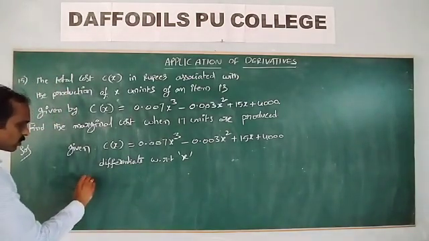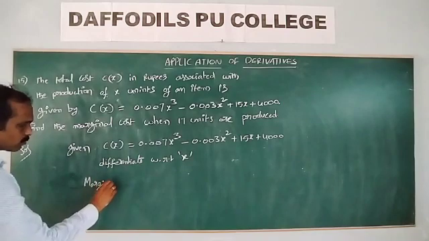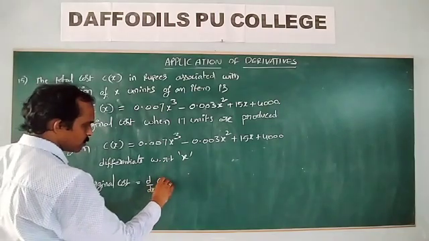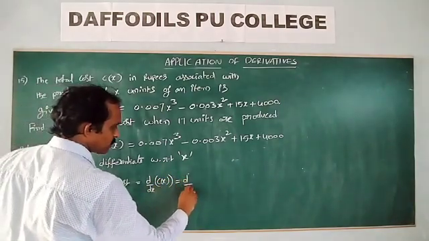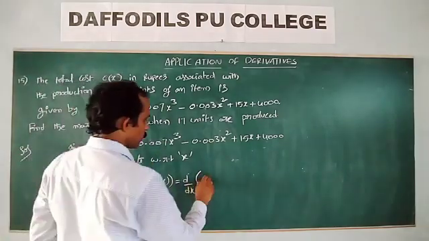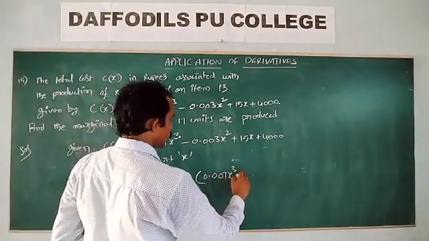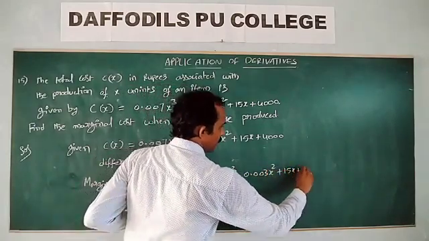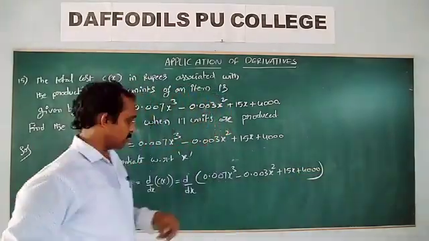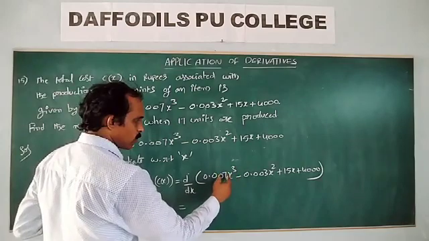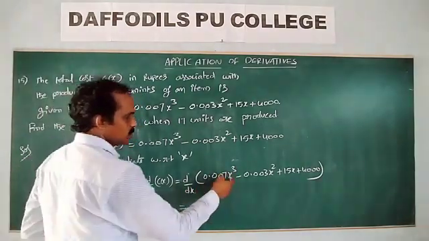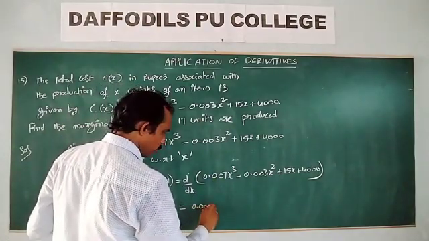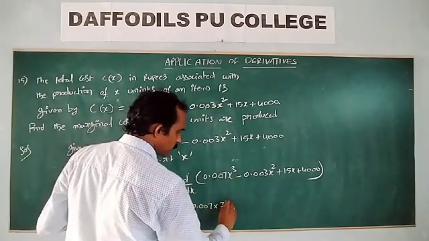Therefore marginal cost is equal to d by dx of C of x, that implies d by dx of 0.007 x cube minus 0.003 x square plus 15x plus 4000. 0.007 is the constant, x cube is the variable, derivative of x cube is 3x square.